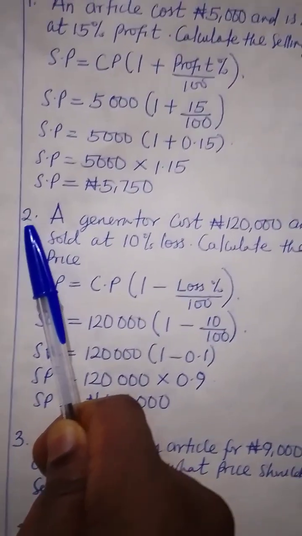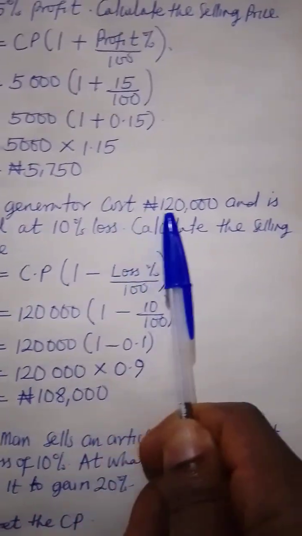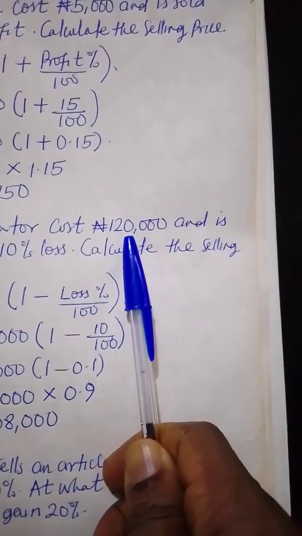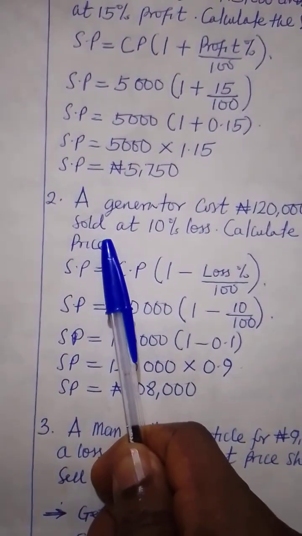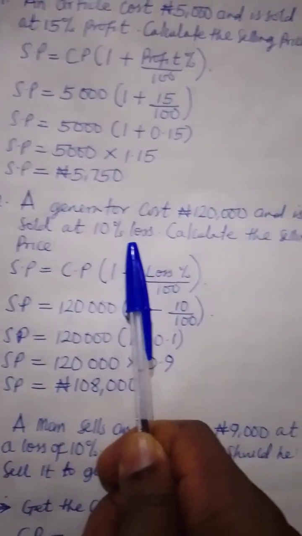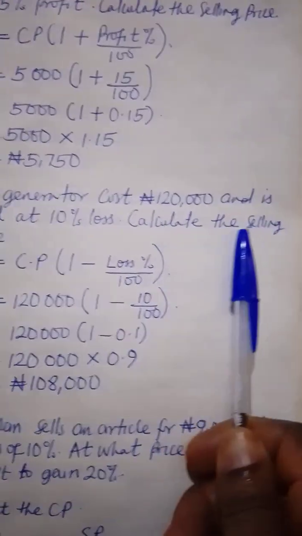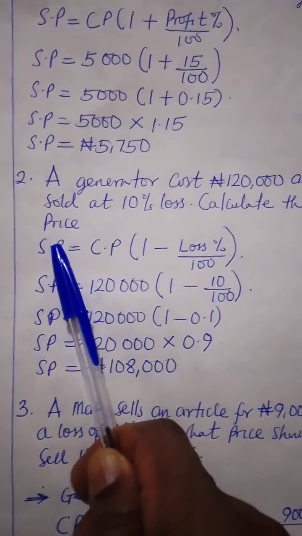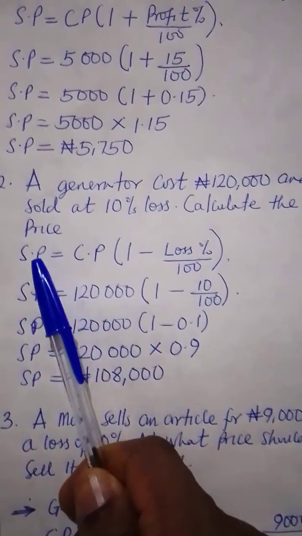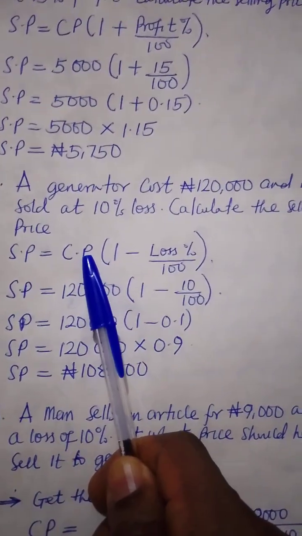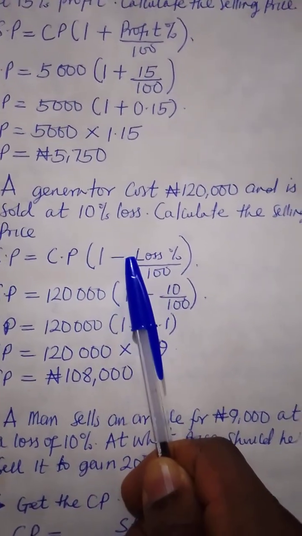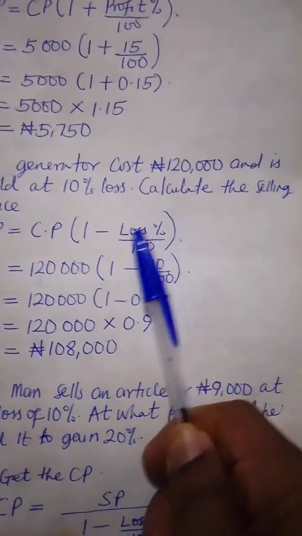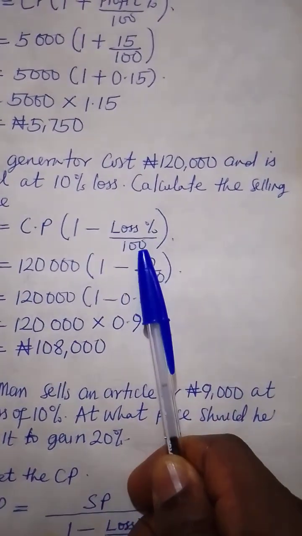Question number 2. A generator costs 120,000 and is sold at 10% loss. Calculate the selling price. We'll quote the formula. Don't forget it deals with loss. So selling price is cost price into 1 minus percentage loss over 100.